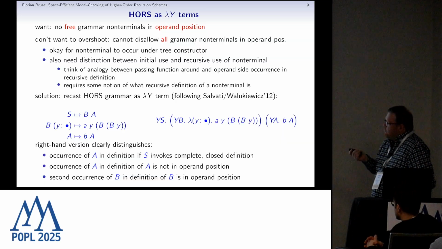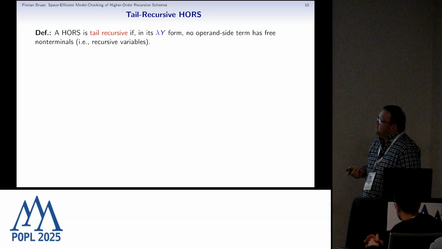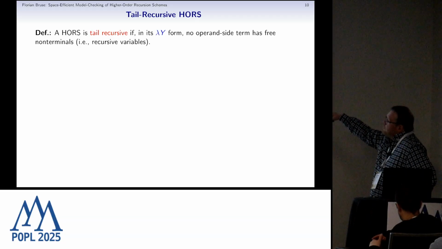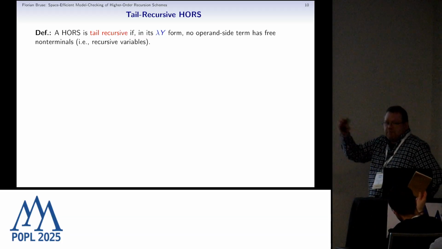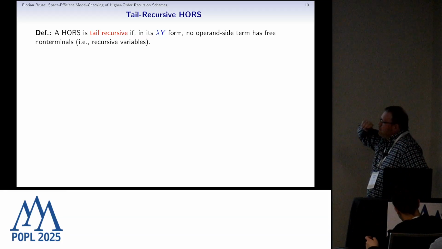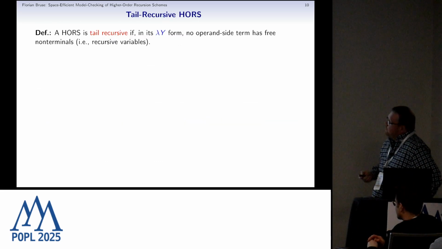So if you recast the terms into this, then you can actually define tail recursion. And we say that a recursion scheme is tail recursive if, when rewritten on the right-hand side, no operand side term has free non-terminals. That is, some things that are not under such a Y something term.